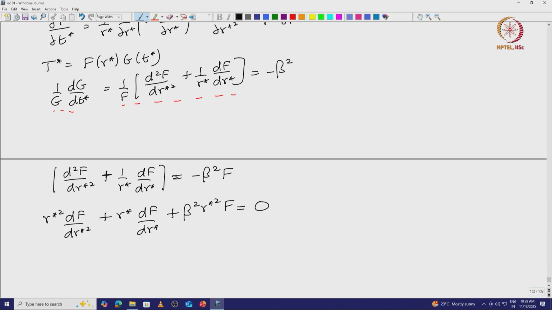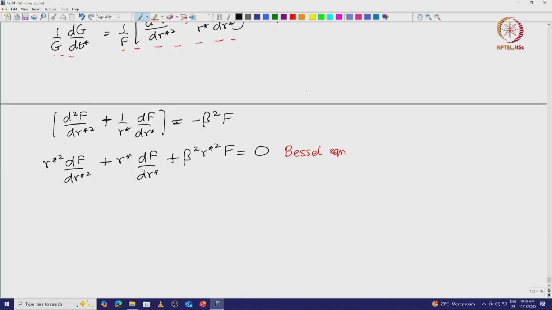Now, how do we solve this equation? This equation is what is called the Bessel equation. I can define a new variable r plus is equal to beta r star. You can see the first two terms on the left are unchanged, because I have r star square times d square by dr star square and r star times d by dr star.